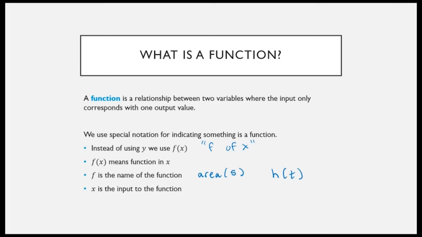The most basic function, when it's not a real world problem, we usually use f of x, but if it's related to the real world, we start to use letters that are related to the problem, and that makes sense. Instead of using x as your input, you'll use a different letter, and that represents what you're learning about or what you're trying to find. And if you're trying to find height as your output, you'll use h instead of y. It just gives it more context, and it makes it easier to understand.